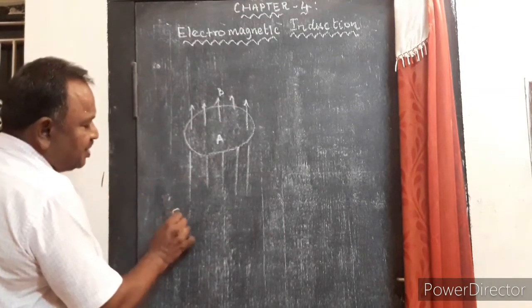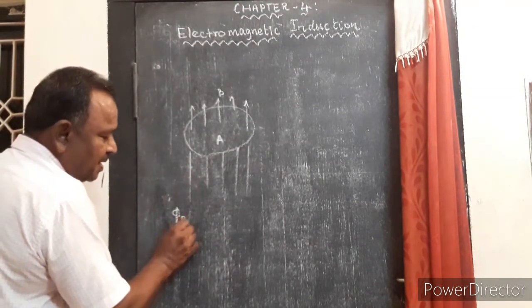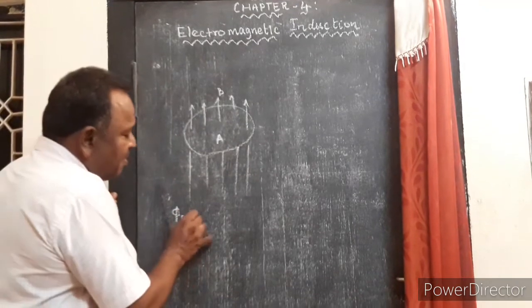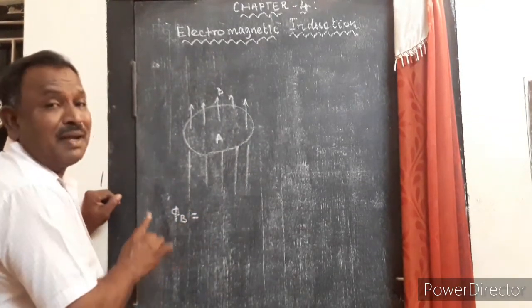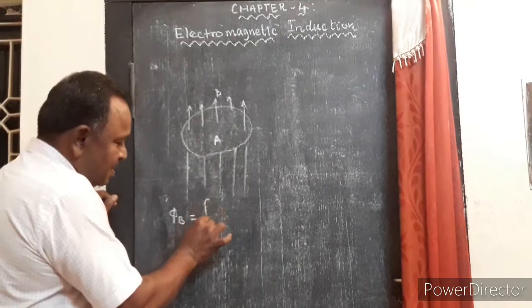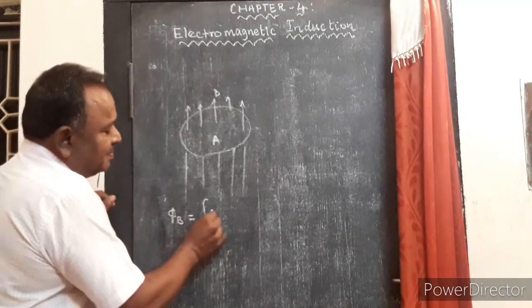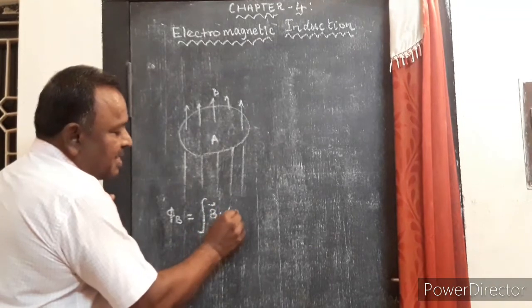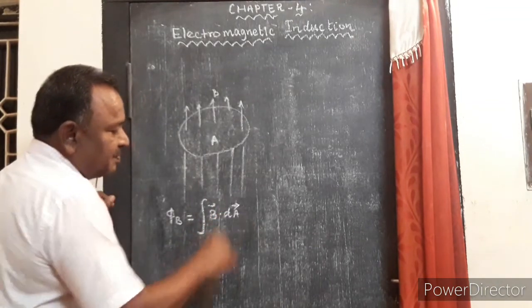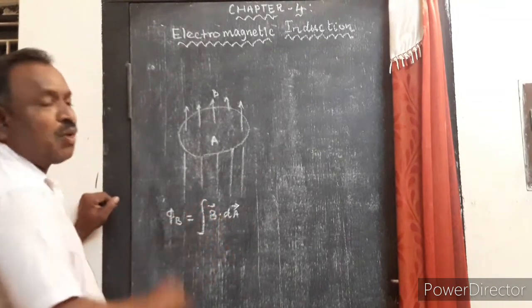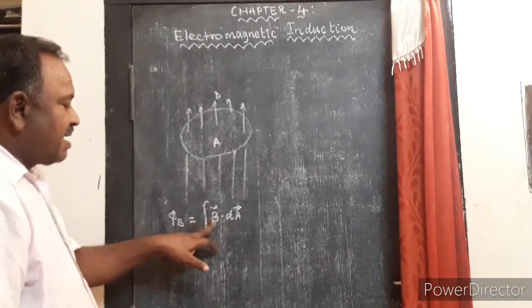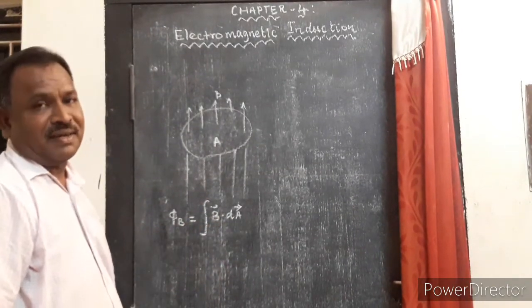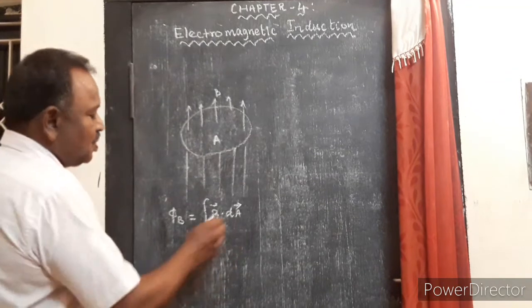It is represented by phi B. So phi B is mathematically given by integral B dot dA. It is the dot product of the magnetic field and the area vector.